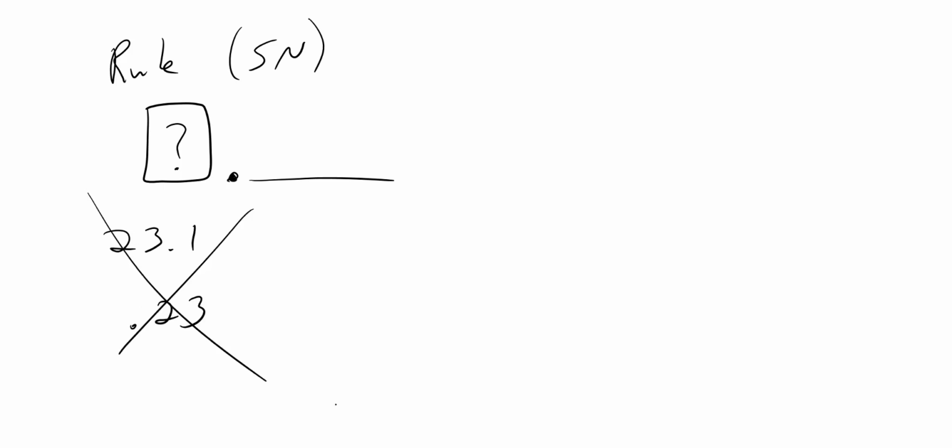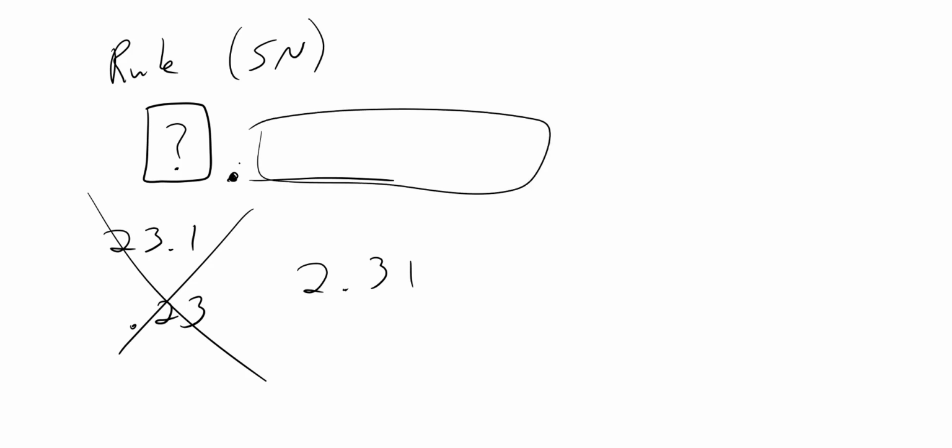Boo, that's wrong. Okay, it's got to be 2.31. So some number here, and then whatever is over here, it doesn't really matter. Okay, but that decimal has to be after the first non-zero digit. Basically, it's the second location. First location is the number, second location is the decimal. Okay? So that's really what scientific notation is. It's describing really, really, really big numbers or really, really, really small numbers and turning them into scientific notation.